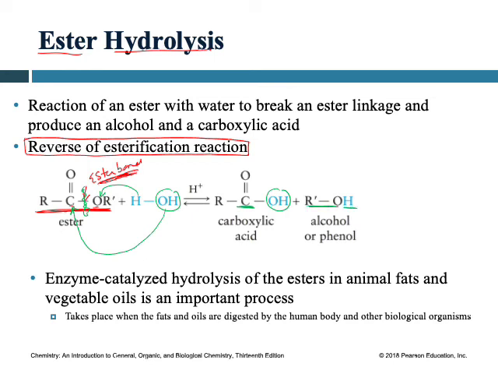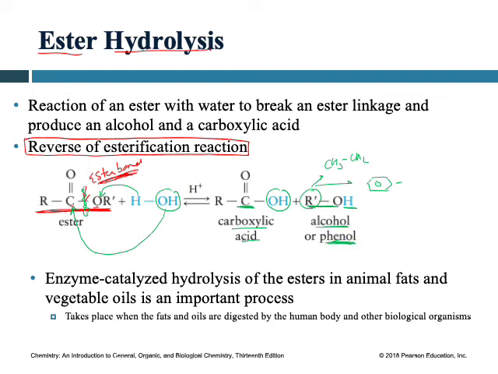So you're going to make a carboxylic acid and an alcohol or phenol, depending on what this R group is, whether it is CH3, CH2, or a benzene ring, right? So it may be a phenol, or it can be any alcohol.